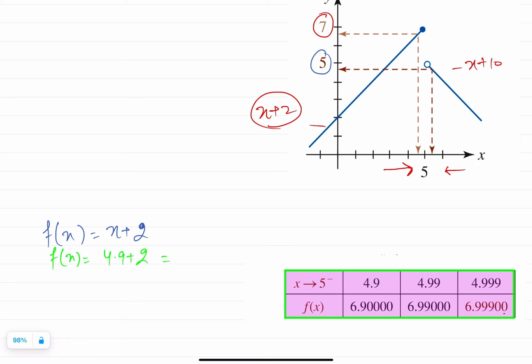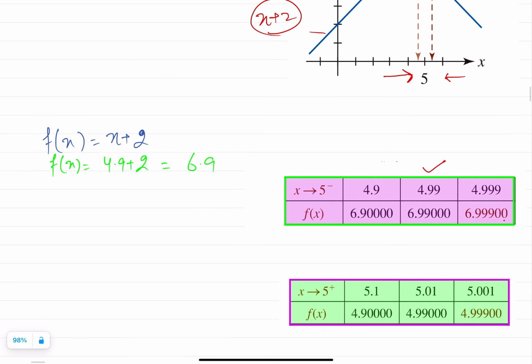The output that I'm getting is 6.9. If you take 4.99, the output is 6.99. If you come even closer to 5, the output that I'm getting is 6.99999.